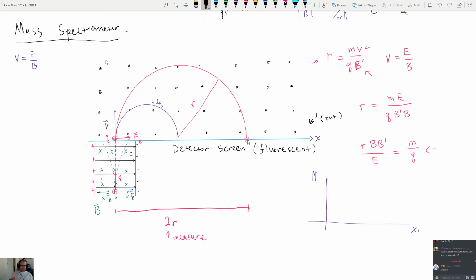Now, one thing I find really interesting about this concept is the work that I did when I was in grad school, working on these big detectors where we collide particles together and then look at the wreckage that comes out of the particles. This is exactly how we figure out what the particles are.